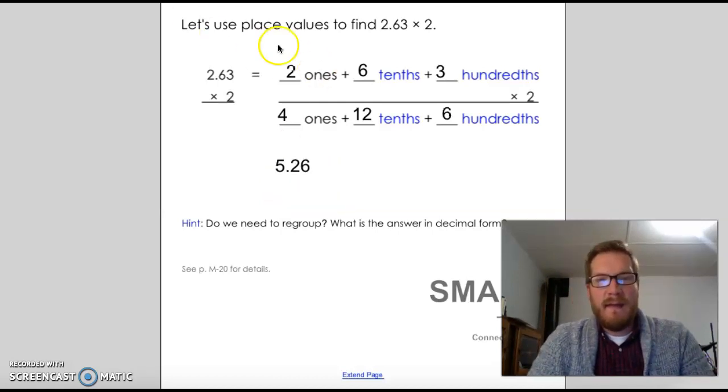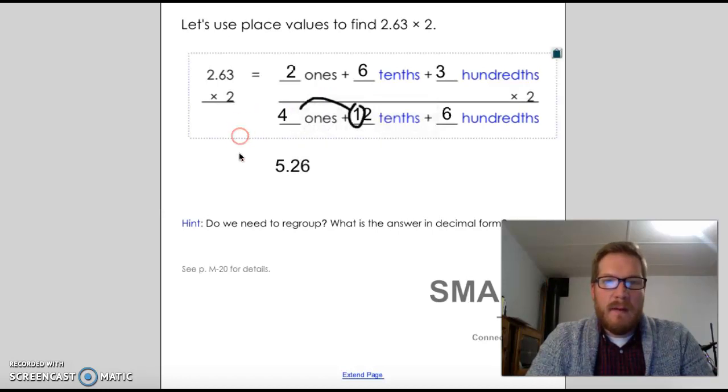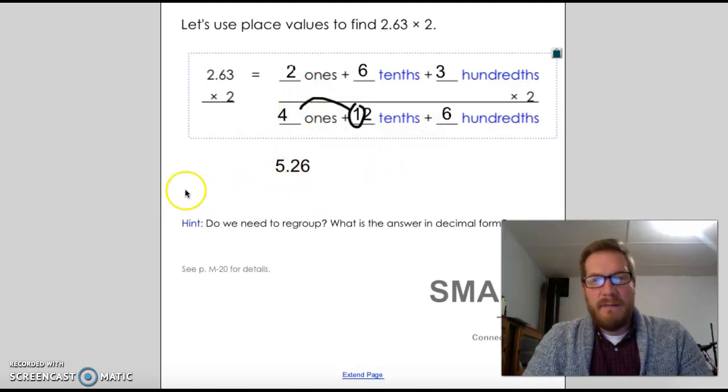And so we can say then that 2.63 times 2 is going to be 5.26 after we have done this regrouping and basically taken this one and moved it over here. So that's going to give us the 5.26.